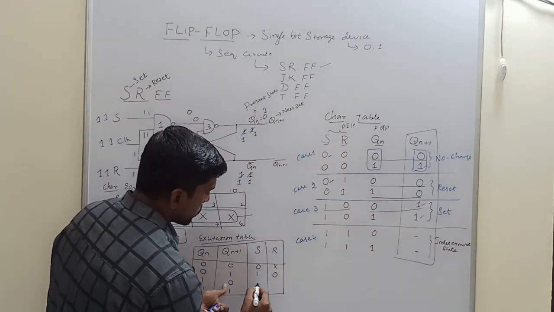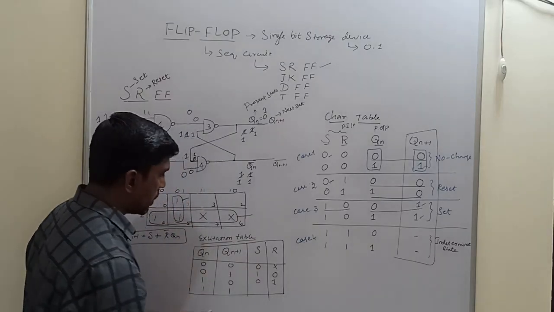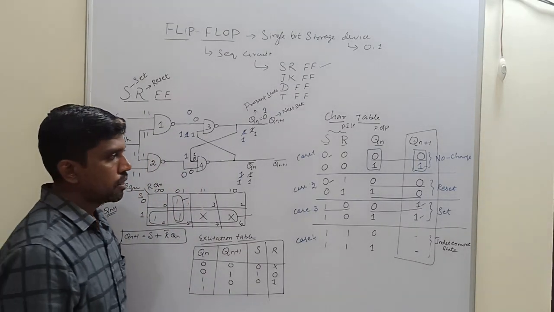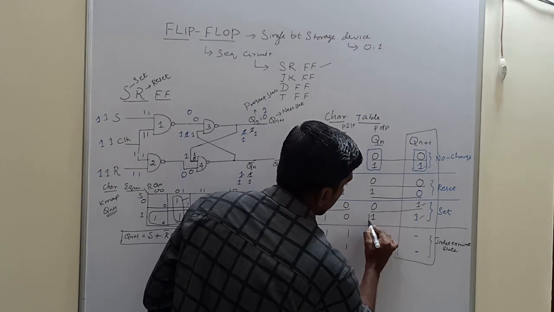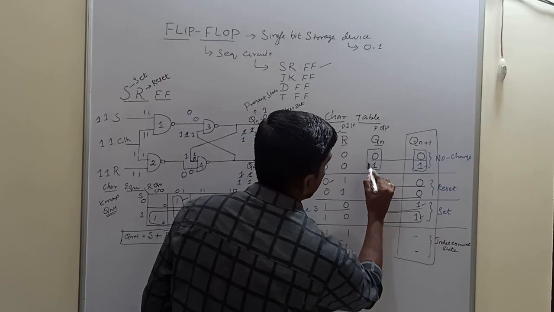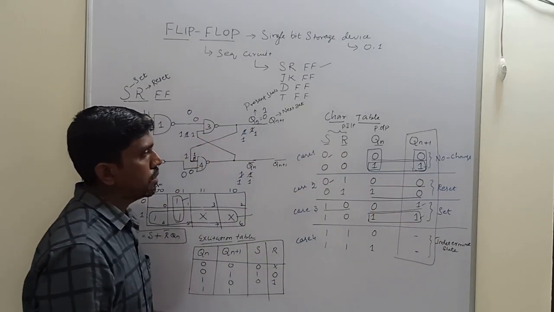Here S value is 0, R value is 1. The next case: Qn 1, Qn plus 1 is 1. Here Qn value 1, Qn plus 1 is 1, and in this case also Qn 1, Qn plus 1 is 1.